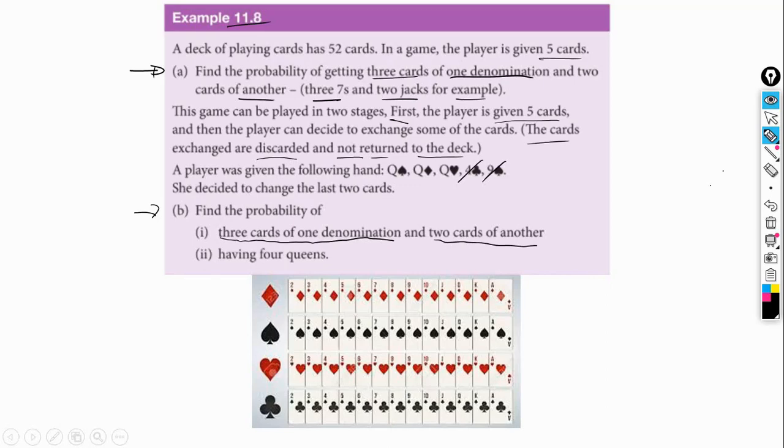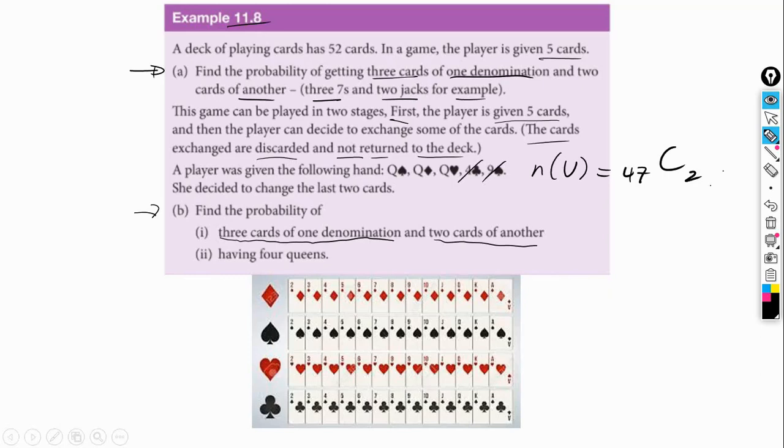For example, the sample space is now different because 5 cards have already been taken out. Remember that she discarded the 4 and the 9, but those are not put back into the batch. So there are 47 cards left. Therefore, the sample space in this case is in how many different ways you can choose 2 cards out of 47.